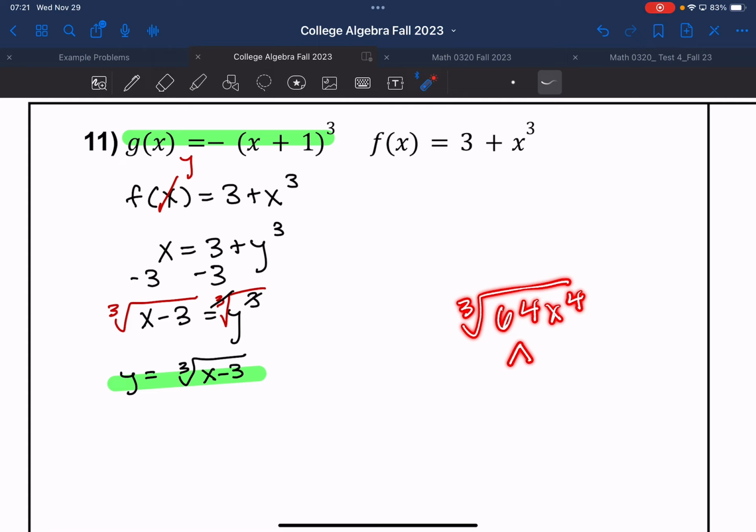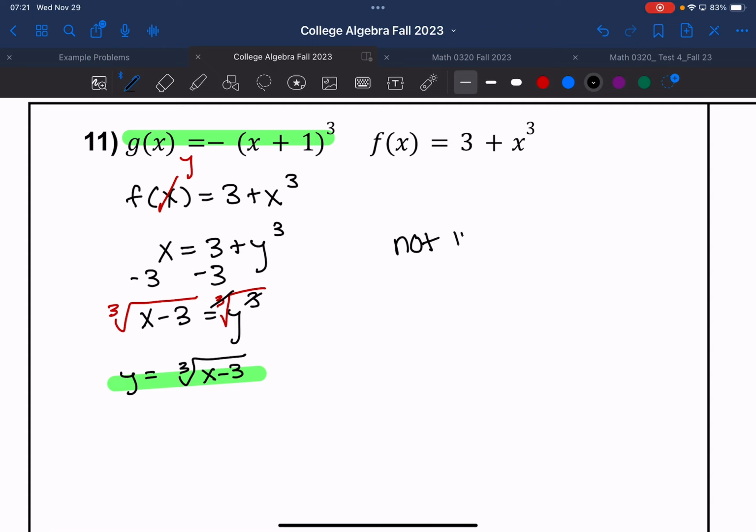And then we would do that factor tree on x to the 4th and see how many x's we could take out of that. So it would look something more like this. Unlike this one, this is just x minus 3. There's nothing we can simplify here. So this tells us these are not inverses.